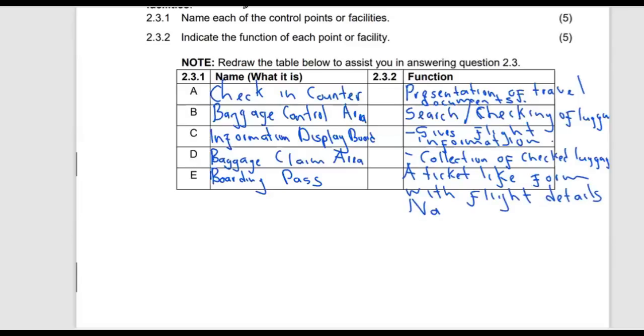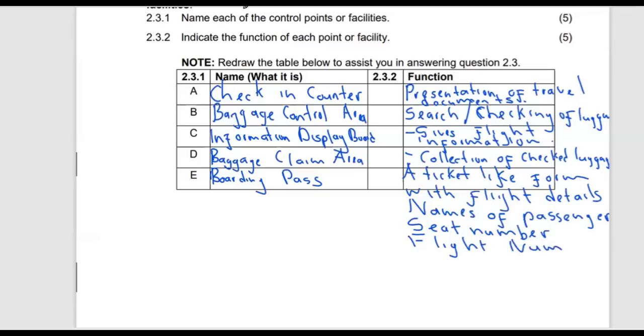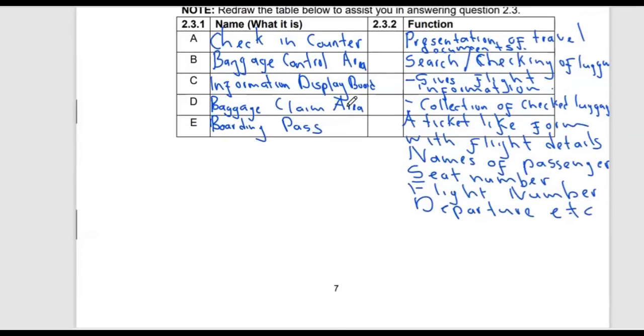It contains names of the passengers, seat number, flight number, departure, etc. So those are the different functions of different documents or facilities.